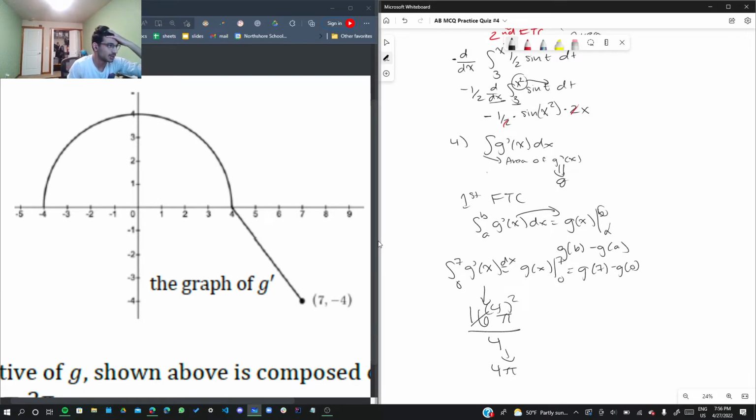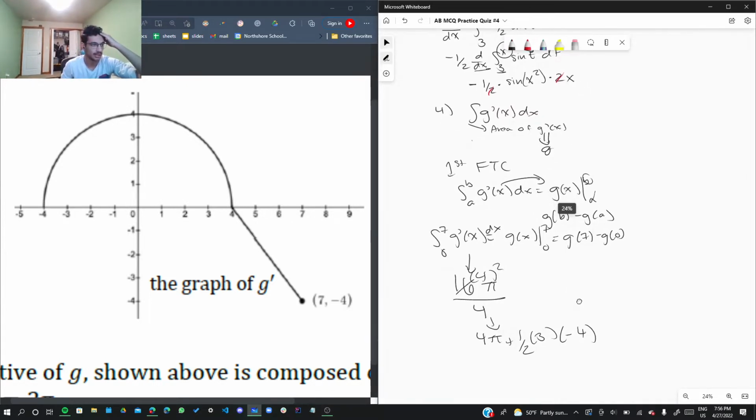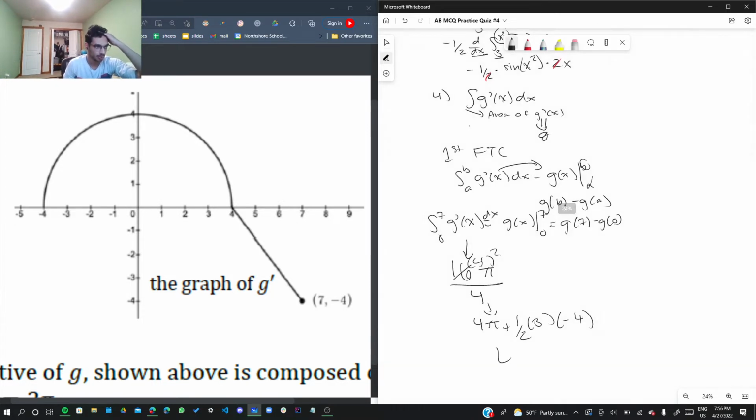From 4 to 7, the remaining part is just a triangle, so it's half times base times height. The base is 3 and the height is negative 4, because there's quote unquote negative area.